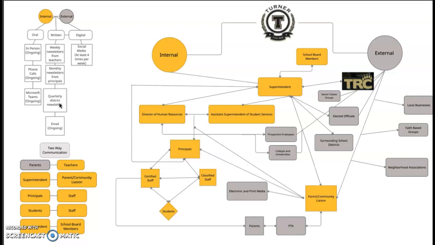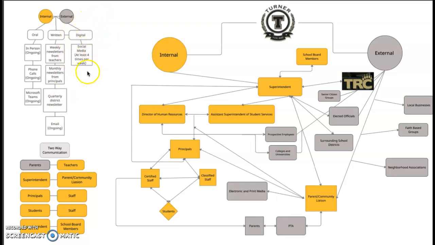It's called the Turner Today, and that is sent out through the mail, and it's sent out digitally as well, so that if you didn't get it in your mailbox, you'll definitely see it pop up on a social media site, or in your email. And then teachers are constantly emailing parents and each other, and the superintendent sends out emails as well. Everyone is communicating through email on an ongoing basis.